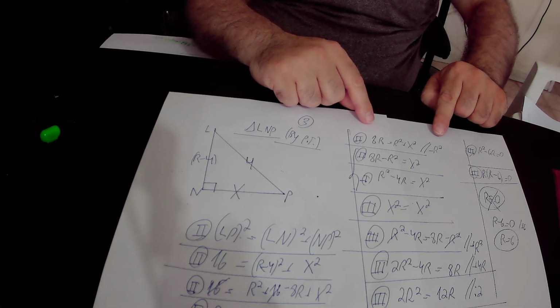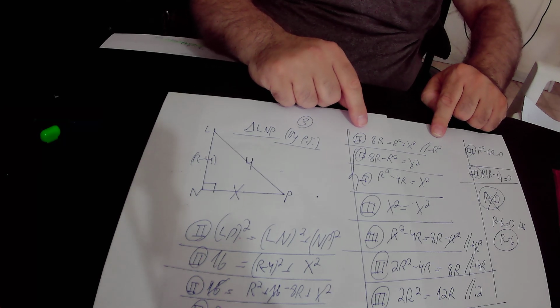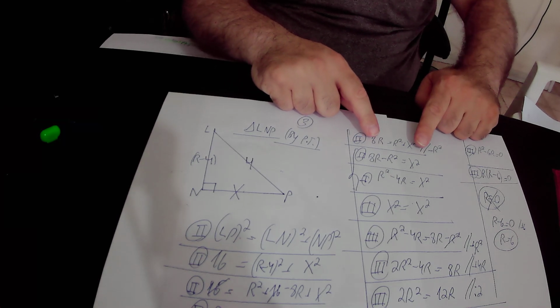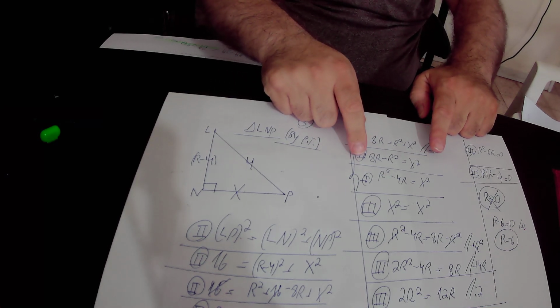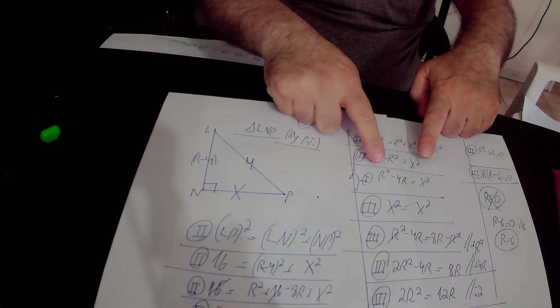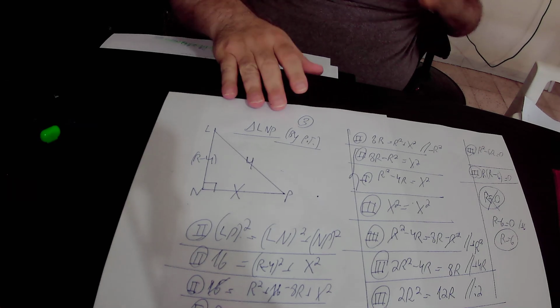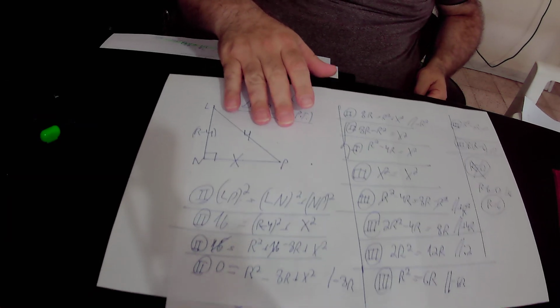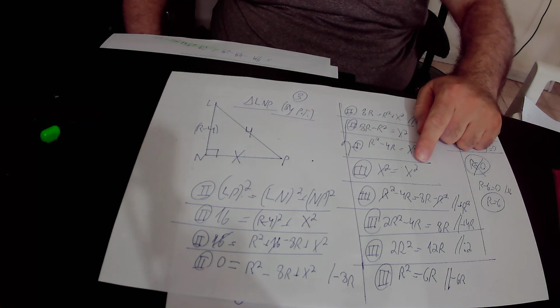Here we subtracted r squared from this equation, and we found out that 8r minus r squared equals x squared. But according to equation number 1, we have already found out that x squared also equals r squared minus 4r, so we have two expressions for x squared. Then we created equation number 3 that states that x squared according to equation number 1 must be equal to x squared according to equation number 2.